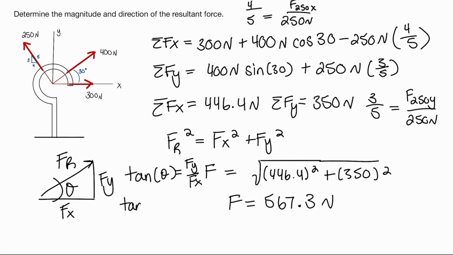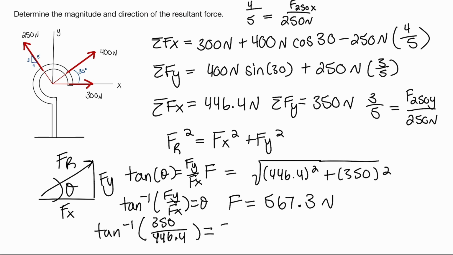So then we can do inverse tan. Theta equals inverse tan of Fy over Fx. And then we can plug this in. And then we'll get the angle 38.1 degrees.